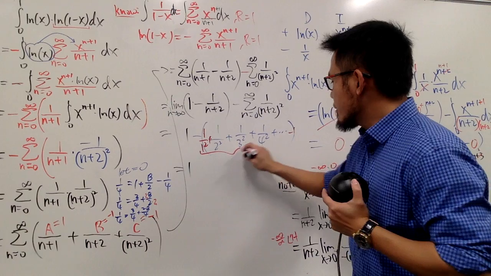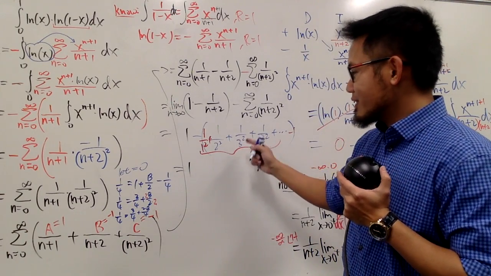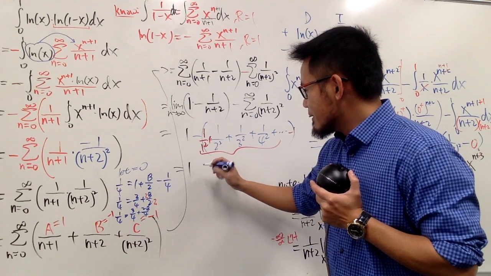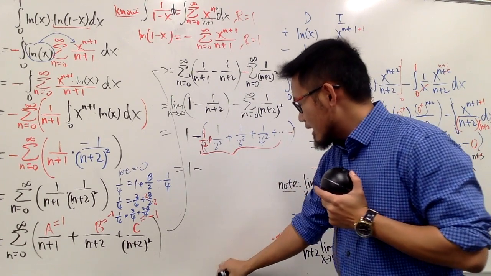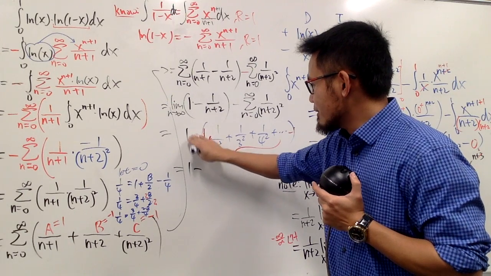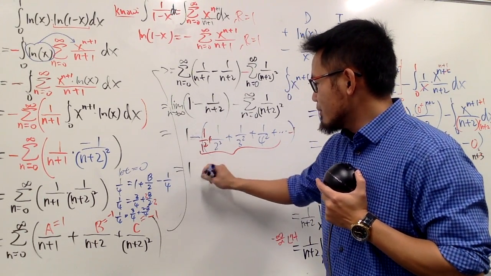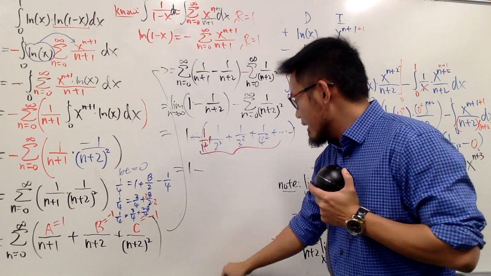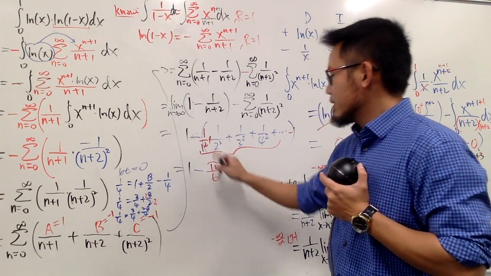And this whole portion here is what? Pi squared over 6. So I will bring down the minus here, okay? Bring down the minus, in blue. And then all this part is pi squared over 6, okay?